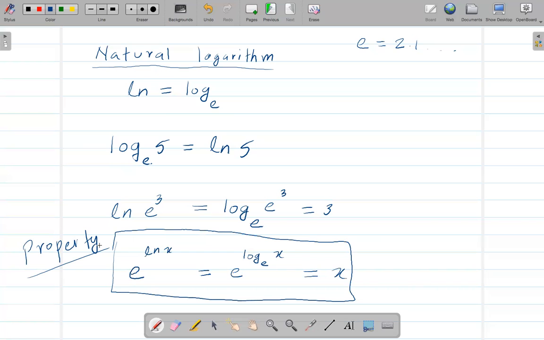Now since we have gone through most of the properties, let's solve a few things here. Let's say we have log base a, or two times log a plus 1/2 log b.